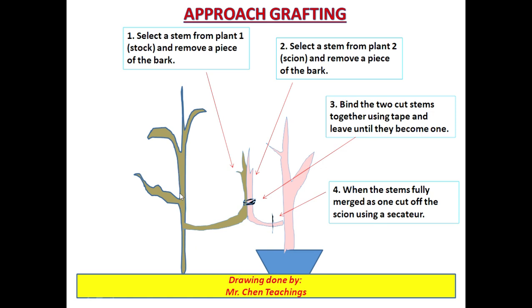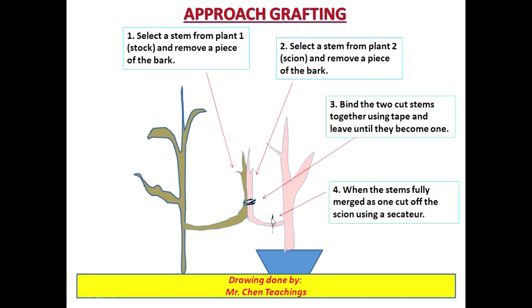Then what you do is, of course, select a stem on your Blackie mango tree. Scrape off a piece of the bark for joining onto the Julie. So of course now, if you notice, you'd have a second plant, which is your Julie, which is number 2 here. Select a stem from plant 2 and remove a piece of the bark. So you would not remove the stem from the plant here. Alright, so this plant is in a pot or a container.